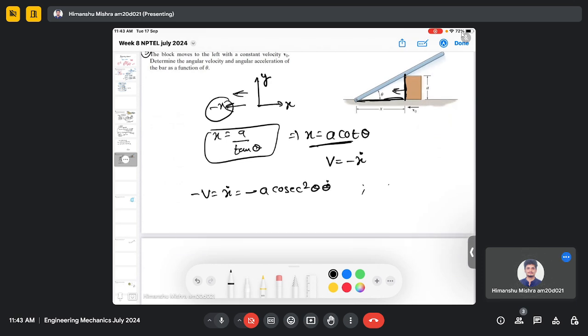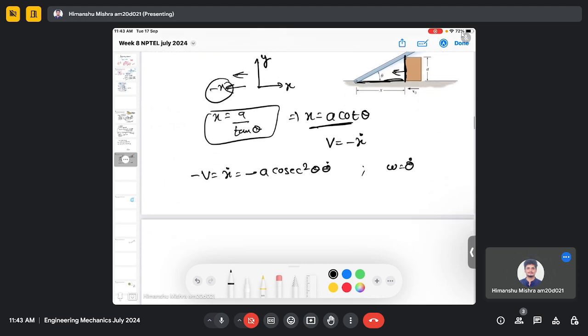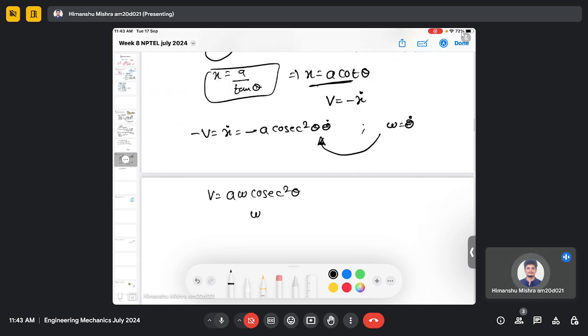We know that omega is theta dot. So if I substitute omega, which is theta dot, here, I will have v equals a omega cosec square theta. So my omega will be v by a cosec square theta, and I can simplify this expression.